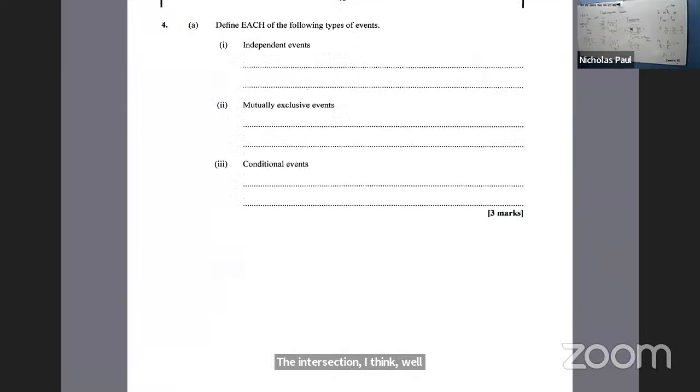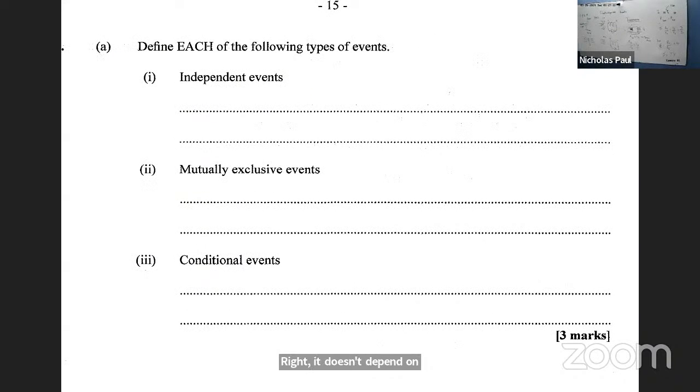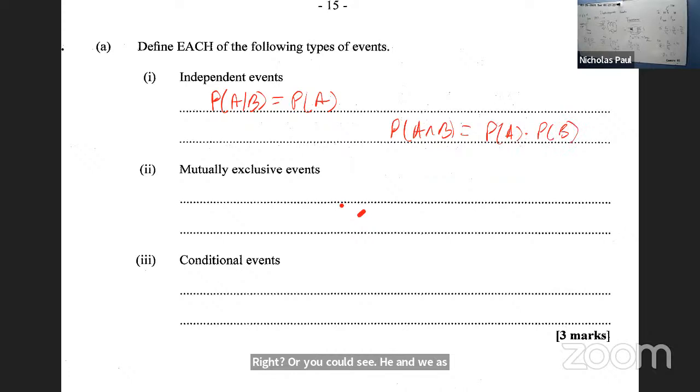That one doesn't depend on the other, right? A doesn't depend on B, so you can say the probability of A given B is equal to the probability of A. Or you could say the probability of A and B is the probability of A times the probability of B. That works as well, but I like the first one the most in terms of explaining it.